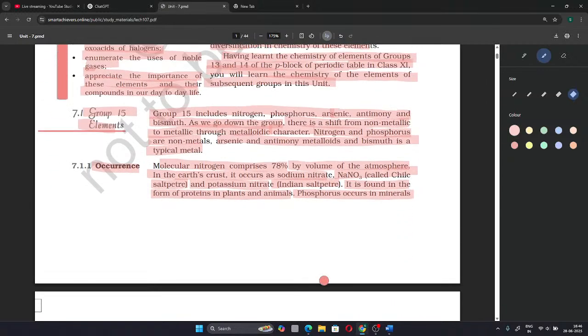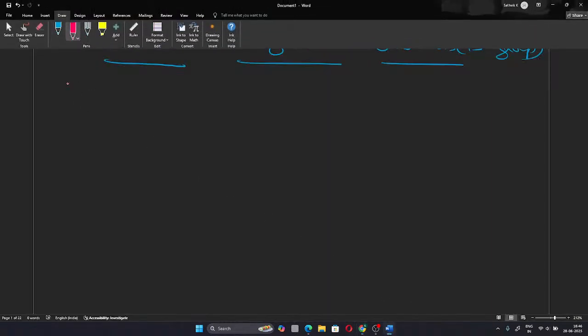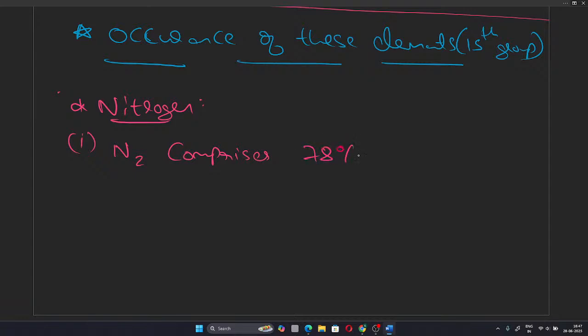and first let me write the occurrence of nitrogen. Nitrogen: molecular nitrogen, which is N2, comprises 78% of the atmosphere by volume.